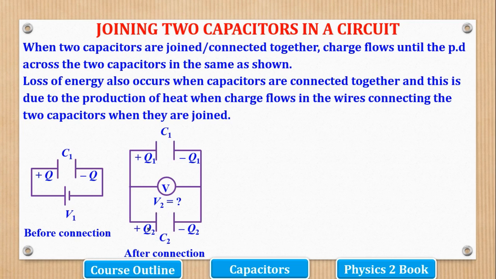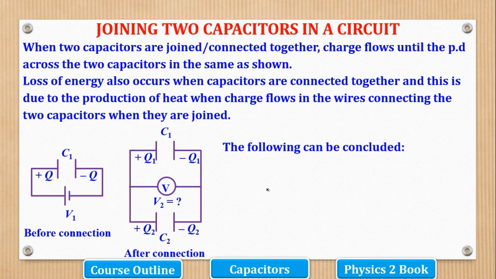So what we need to know is that total charge before connection is equal to total charge after connection. Then you need to know that the PD after connecting is the same across both capacitors because it is a parallel arrangement.